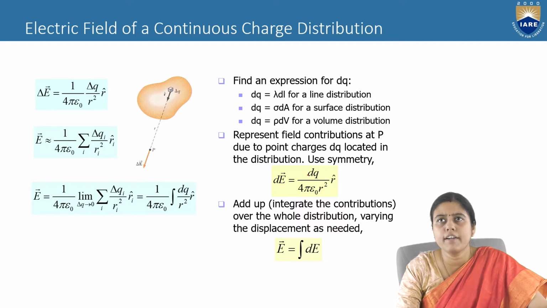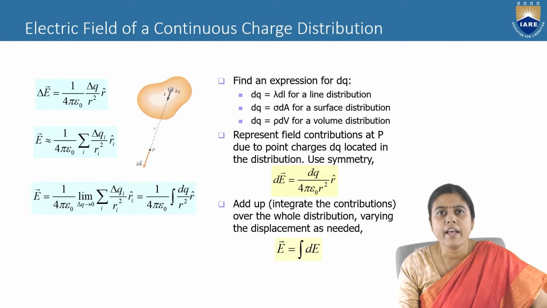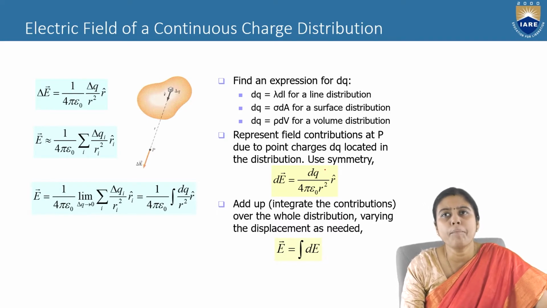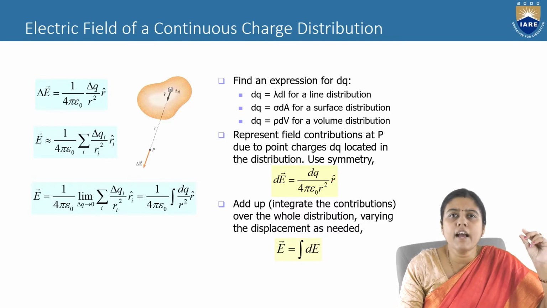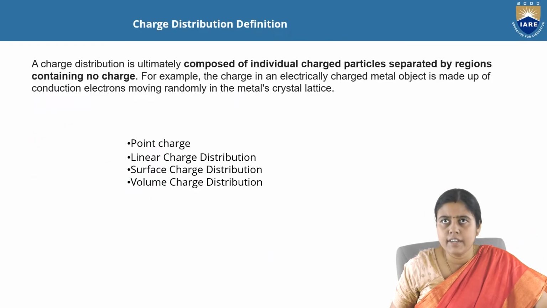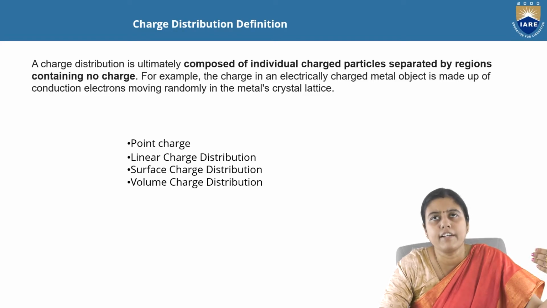So here we are taking that dq is a charge per unit length, or per unit surface area, or per unit volume, divided by 4 pi epsilon 0 r square. So we are taking a small amount of charge. Depending on this, the charge distribution can be divided into 4 categories.